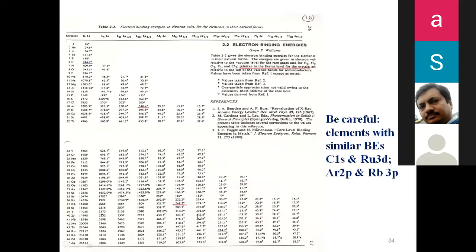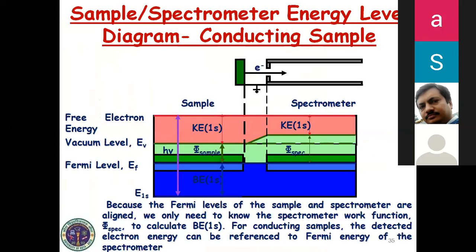But by expertise and after a few analyses, we can identify these peaks easily, also depending upon our material selection. If there is no rubidium in our sample, then how can we have a rubidium peak? And if there is no argon in our sample, then how can we have the argon peak? So these peaks can be avoided and we can easily identify the data.